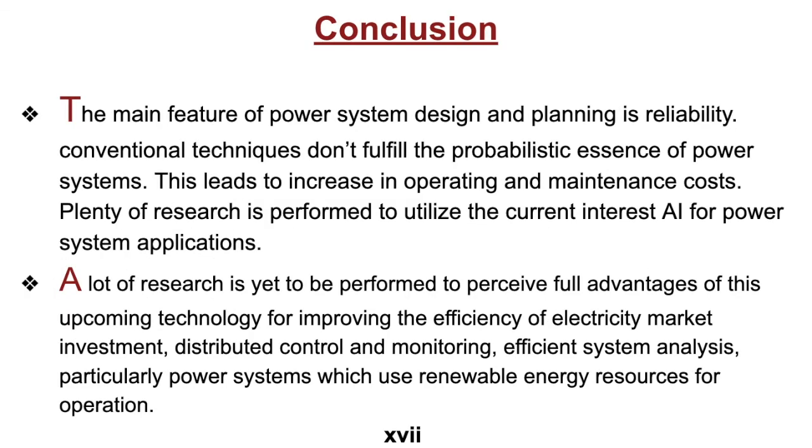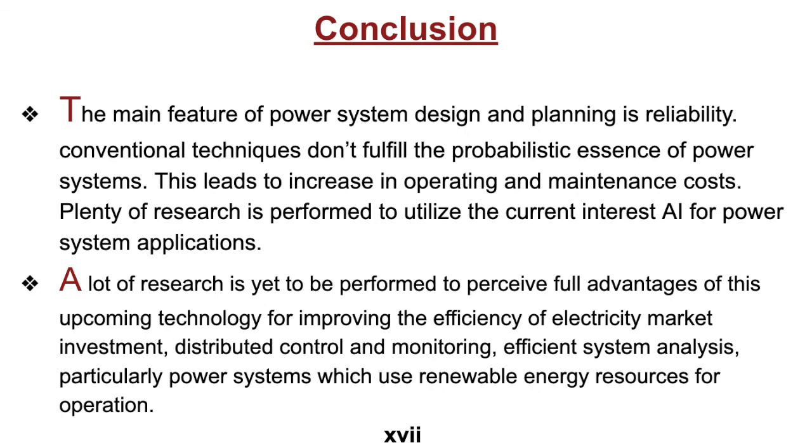Conclusion: the main feature of power system design and planning is reliability. Conventional techniques don't fulfill the probabilistic essence of a power system. This leads to an increase in the operating and maintenance cost. Plenty of research has been performed to utilize the current interest in AI for power system applications.